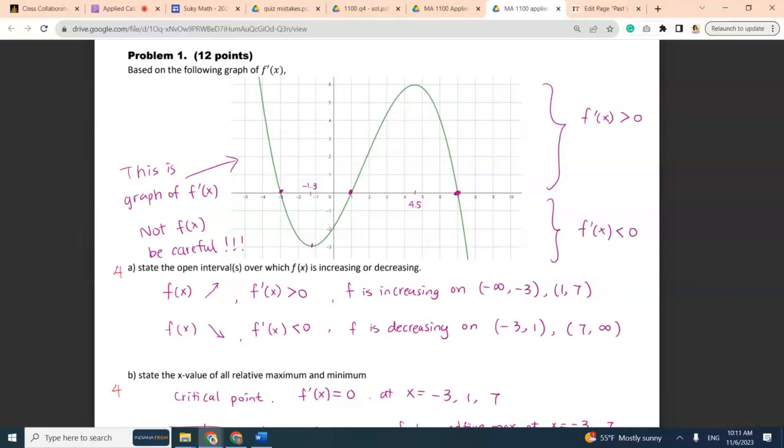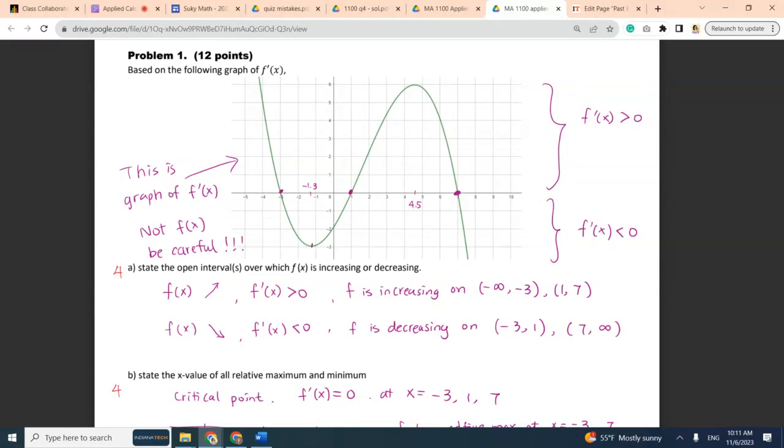F is increasing when the derivative is positive. Right, everybody? So you don't say from here to here. No. This is f prime. This is not f. Okay? It's increasing when f prime is positive. So f prime is positive on, where? This piece, minus infinity to -3.